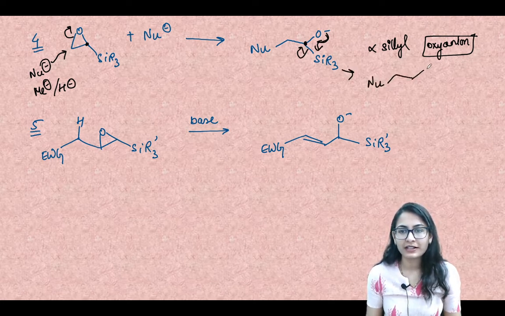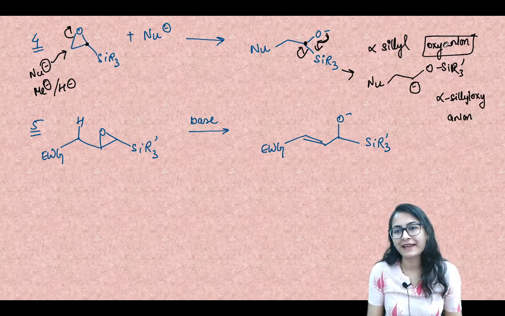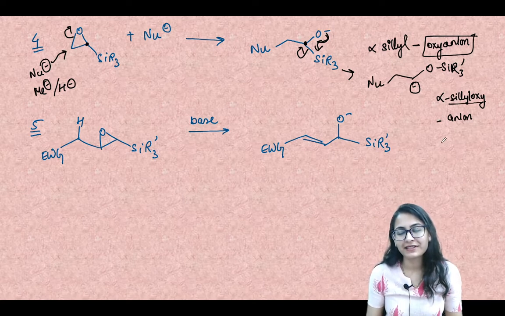Very simple reaction it is, SiR3, and yes, so now this is alpha silyloxy anion. So just that there is a difference in space. Here we have a space between the silyl and oxyanion. Here we have a space between the silyloxy and the anion, which is a carbanion basically.